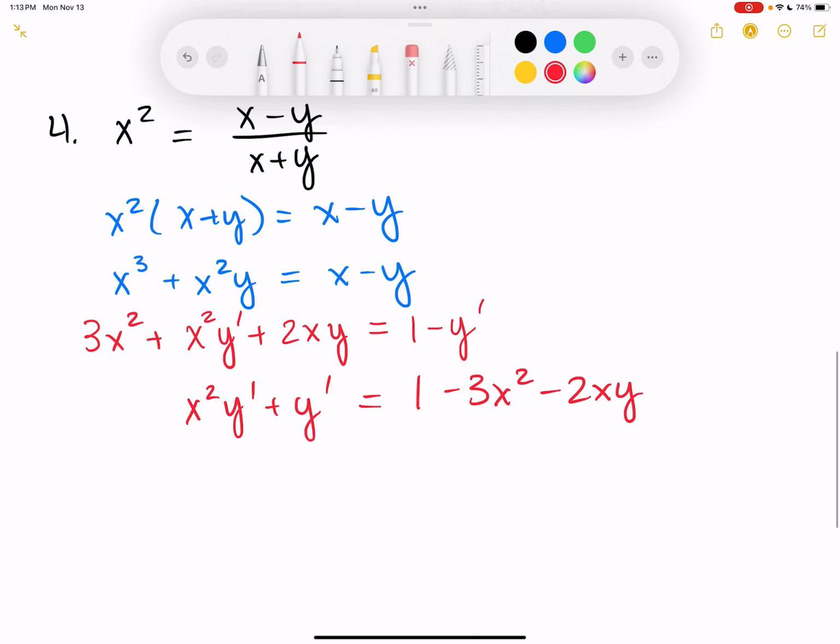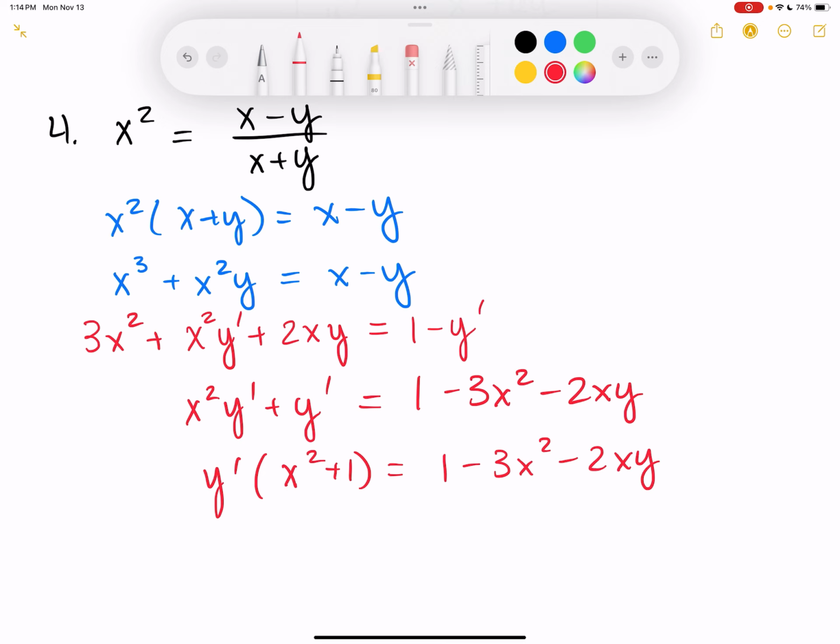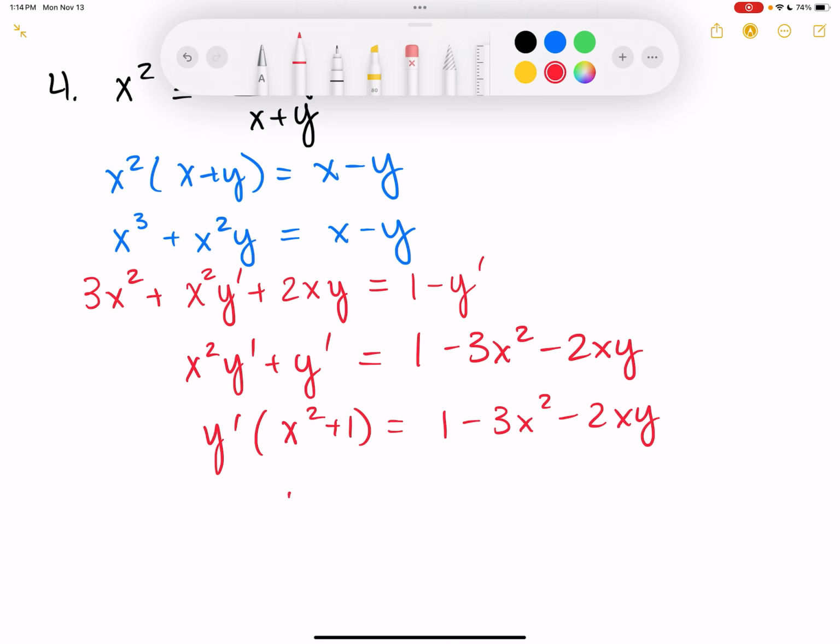So that's (x squared plus 1) y prime is equal to all that. So then y prime is equal to (1 minus 3x squared minus 2xy) divided by (x squared plus 1).